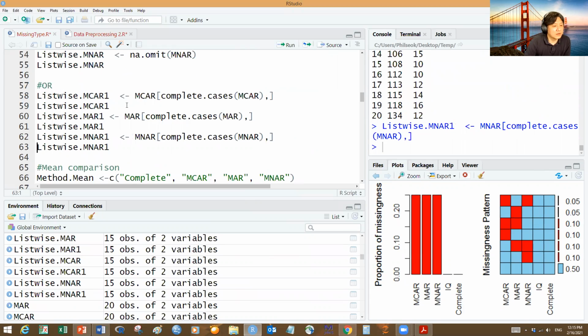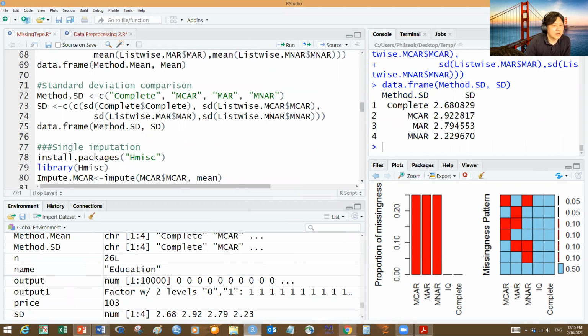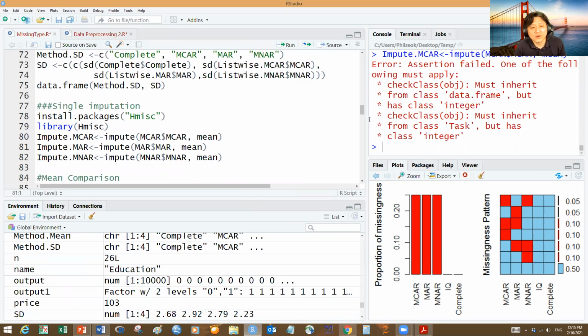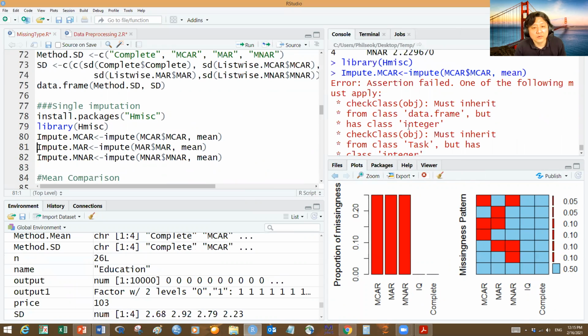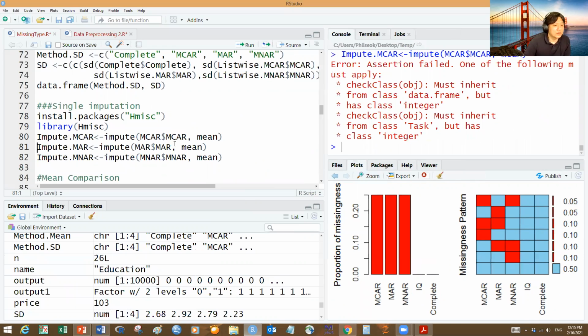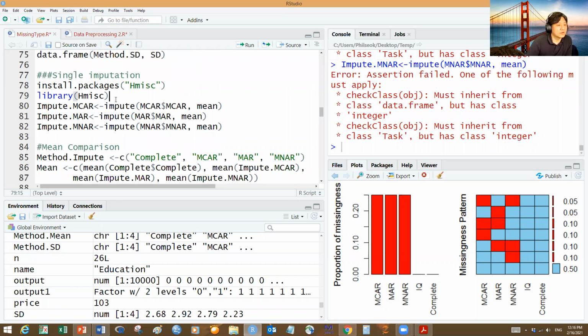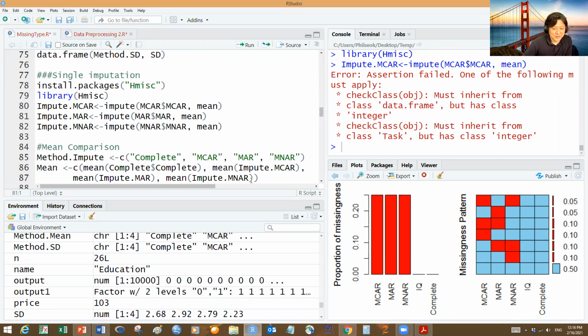Oh, what's wrong here? What's data frame? This is weird. Okay, I will fix this one later.